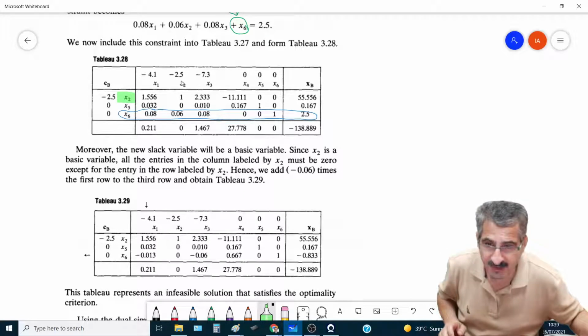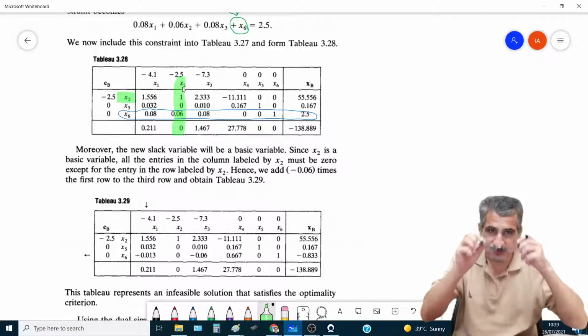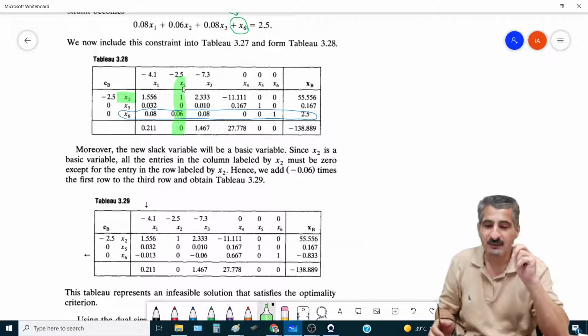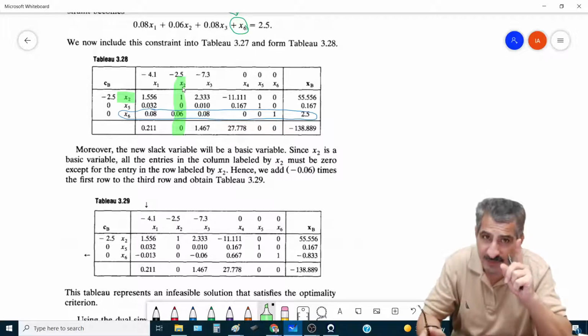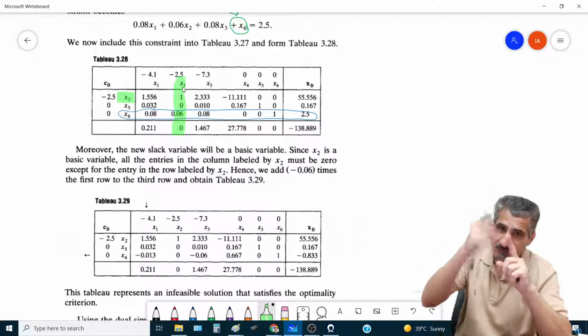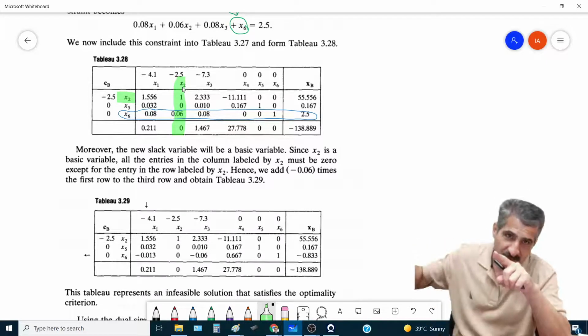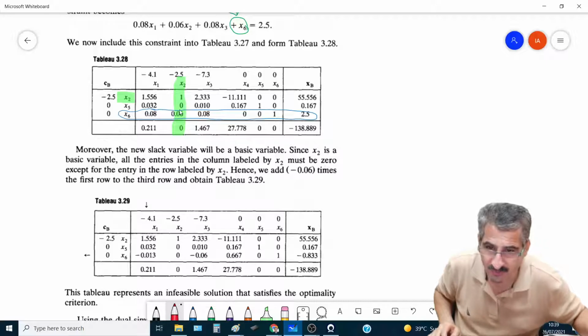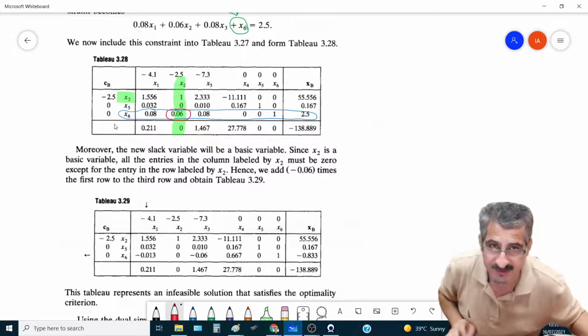But look at the column of x2. You know that the column of a basic variable shall consist of zeros, except at one place we have 1, which is the column of that variable and the row of that variable. So we have to get rid of this amount and make it 0.